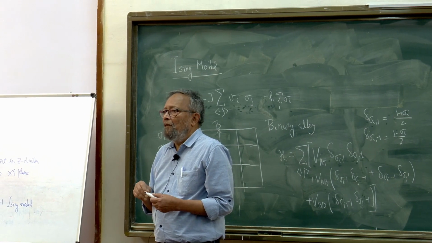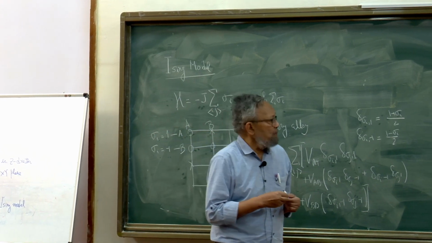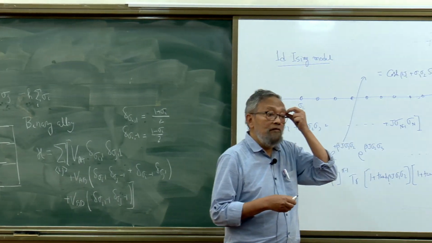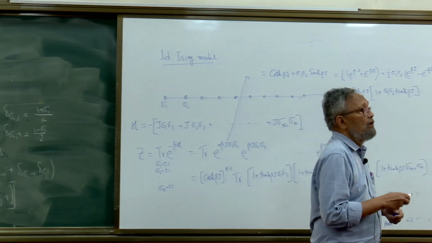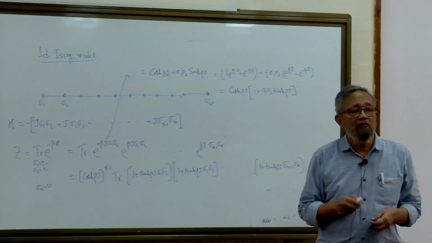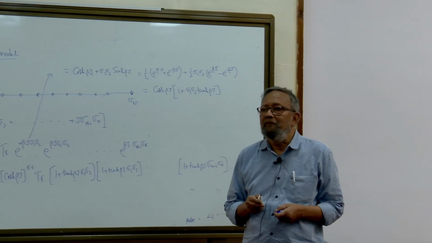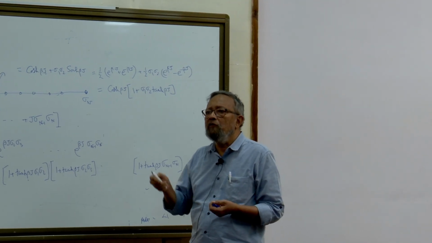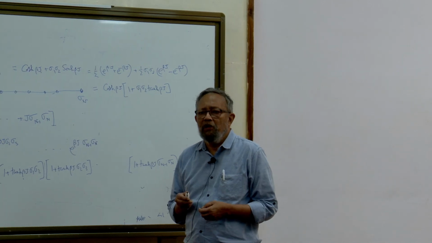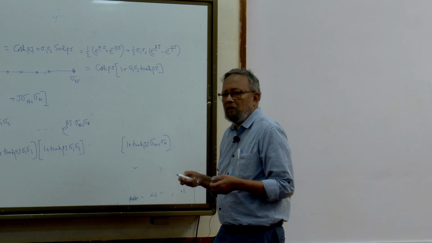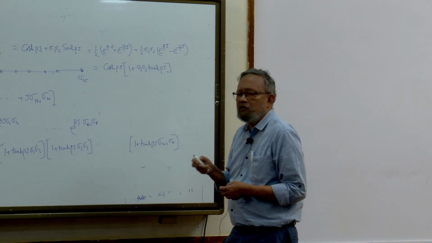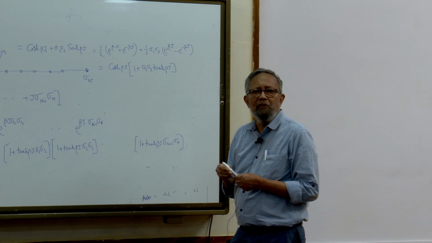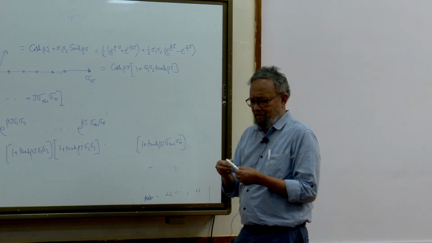So essentially, when we expand this out and do the trace, the terms that give a non-zero value are those in which every spin appears twice. That basically means sigma squared is equal to 1, because sigma can take only two values, plus or minus 1, so that survives when you sum over sigma equals plus 1 or minus 1. Is that clear to you? That is the basic point here.